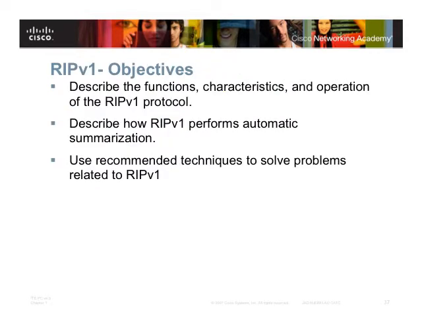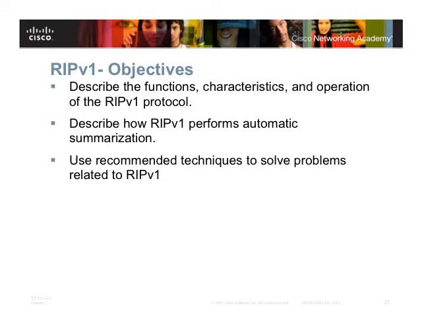So first, as we said, we'll talk about RIP version 1, then we'll talk about RIP version 2, and then we'll talk about EIGRP later on. We need to be able to describe the main functions and characteristics of RIP. We need to describe how RIP version 1 performs automatic summarization, which is something that we need to define and talk about conceptually.